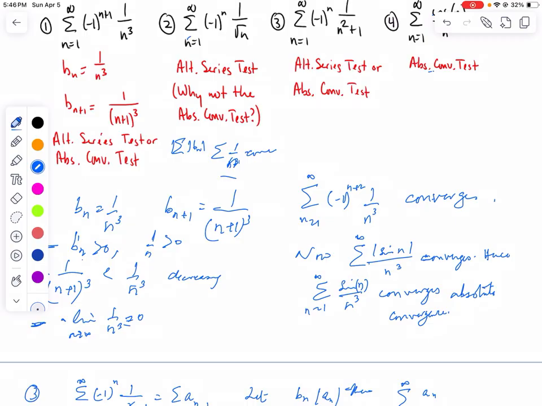the limit of bn will be the limit of 1 over n cubed, which is 0. So all three conditions of the alternating series test are confirmed, and so we say that this is convergent.